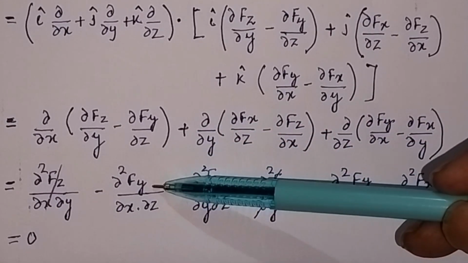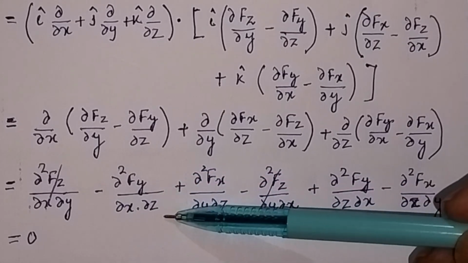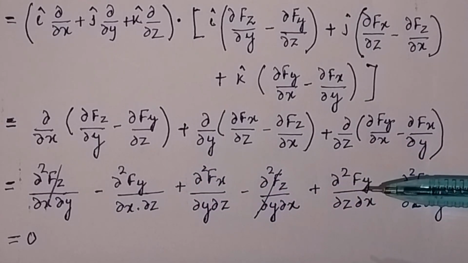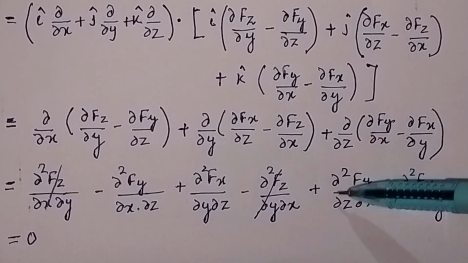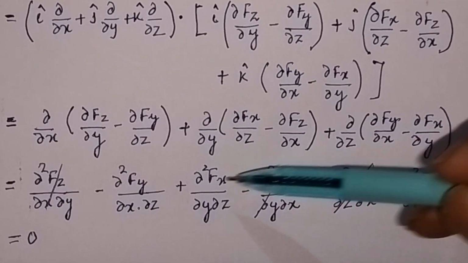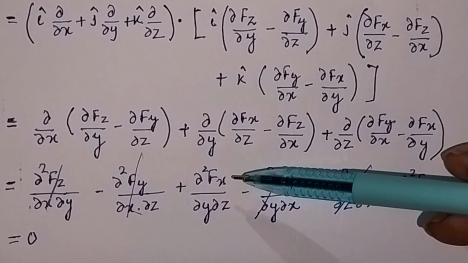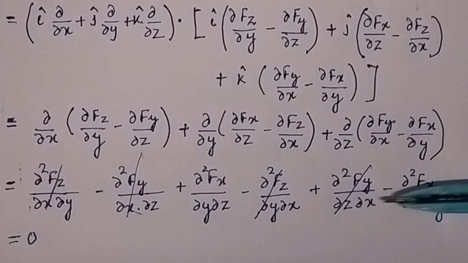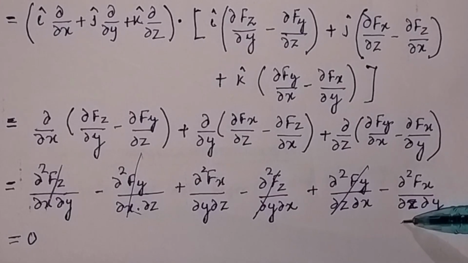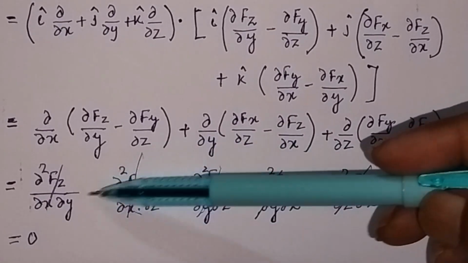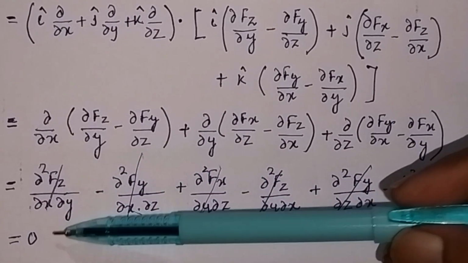Similarly, second order partial derivative of fy with respect to x and z, and here second order partial derivative of fy with respect to z and x. So this will cancel. And this term, second order partial derivative of fx with respect to y and z, here second order partial derivative of fx with respect to x and y. So this will also cancel.